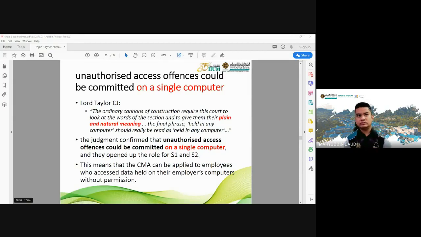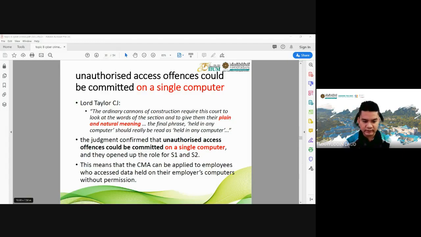So as far as hacking on one single computer is concerned, it's as simple as you go to a computer, you have no authority to edit or to even access something on that computer, and then you do something, you put in some codes and then some effects happen, some programs were executed because of your action.